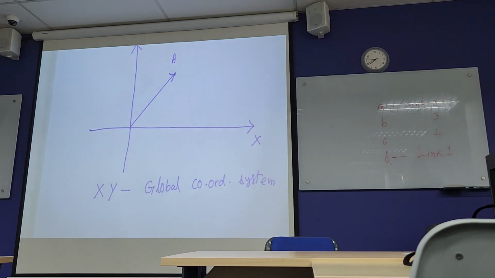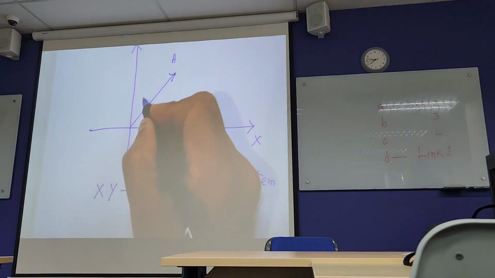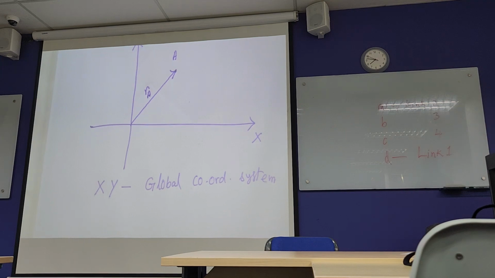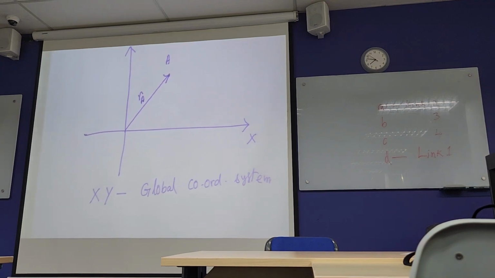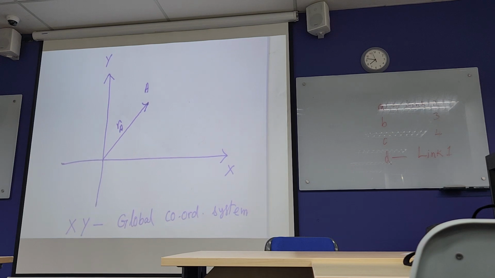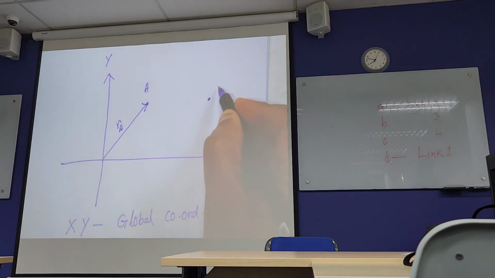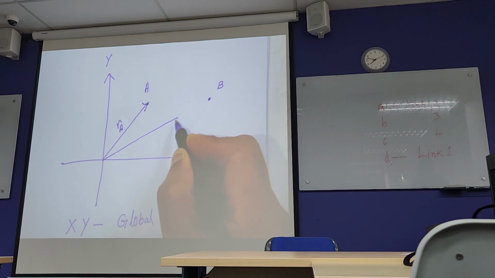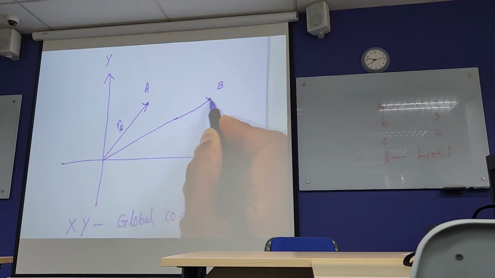I call this the position vector A. I locate another point, I call this B. So this is the position B.